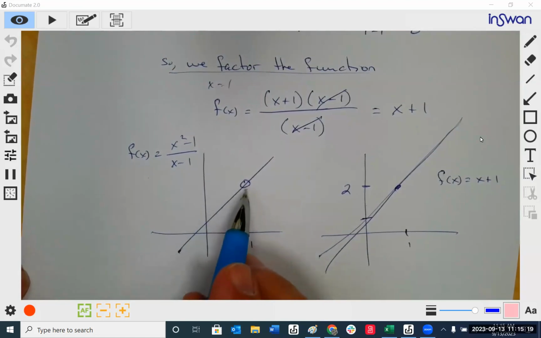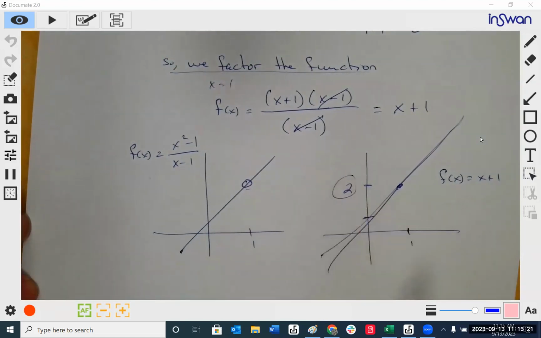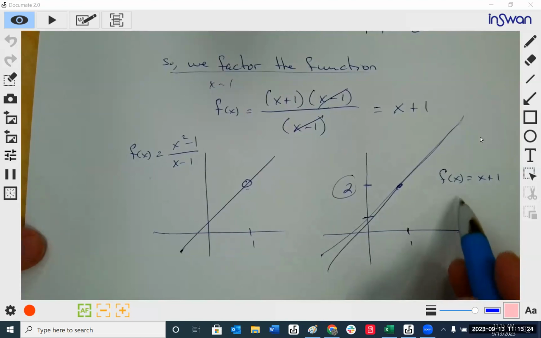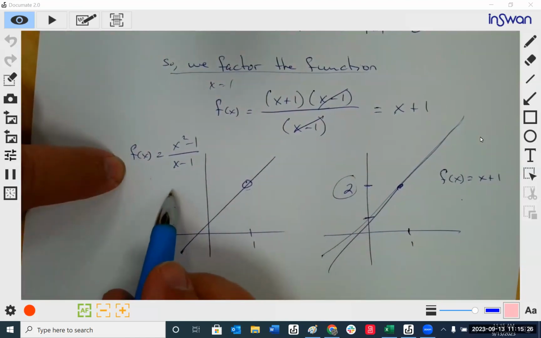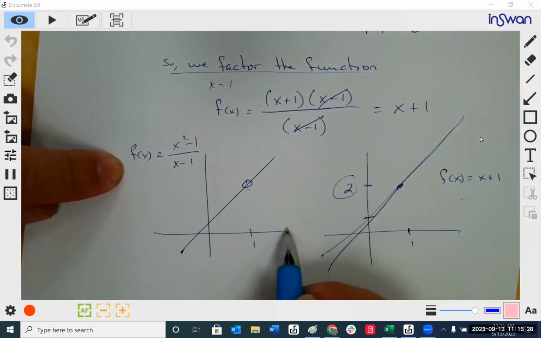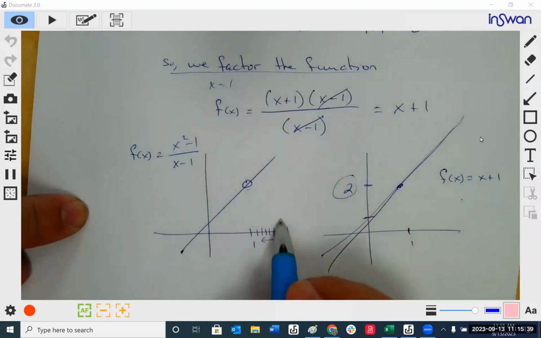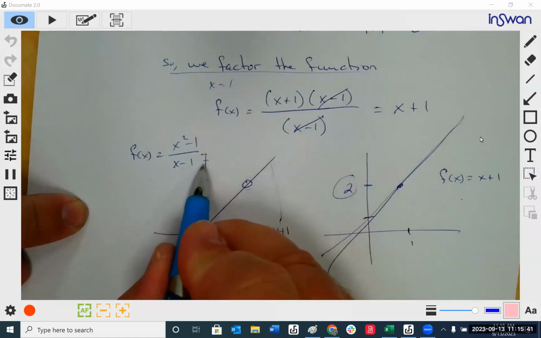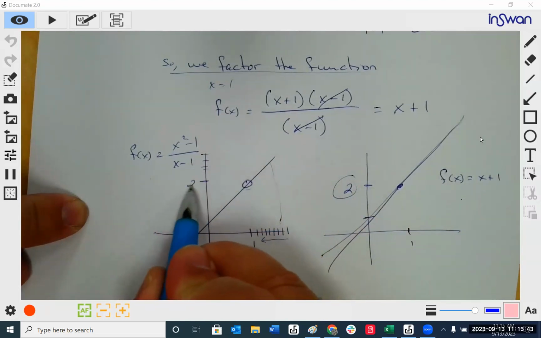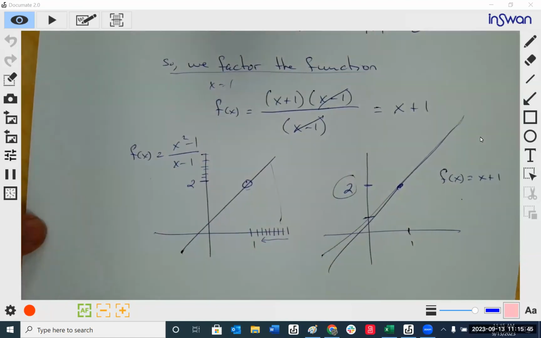So what we're looking for here, we know this is going to be our answer because we should get the same thing here. If we look at all the numbers bigger than 1 that are getting smaller and closer to 1, these values are all going to get closer to 2 from the top.